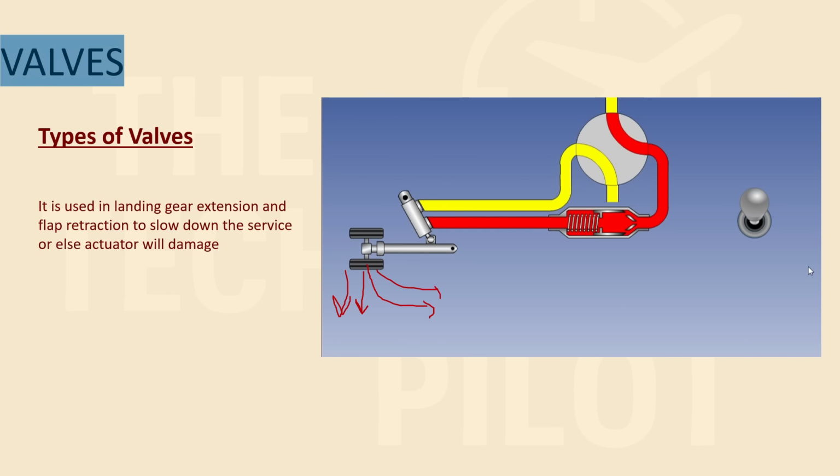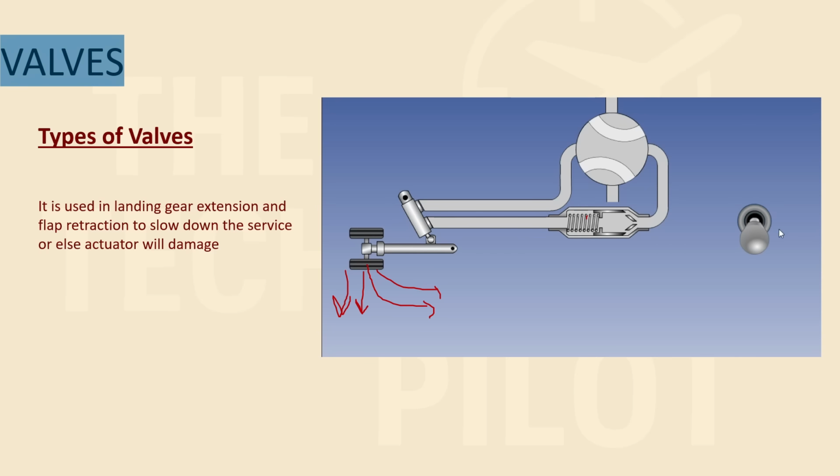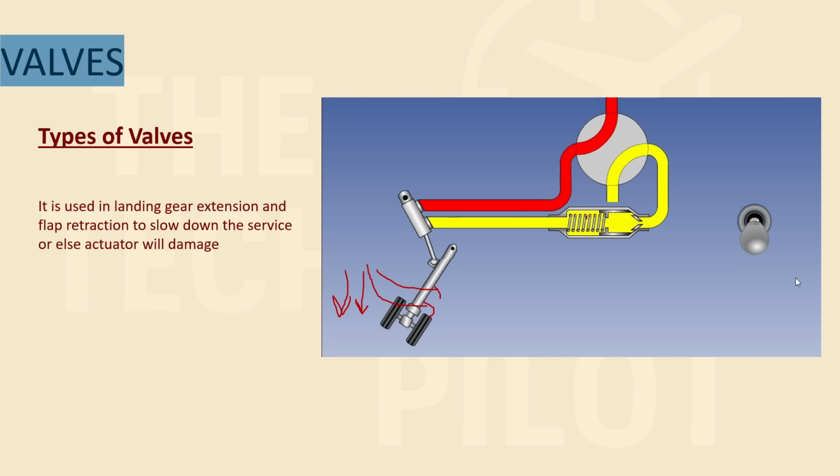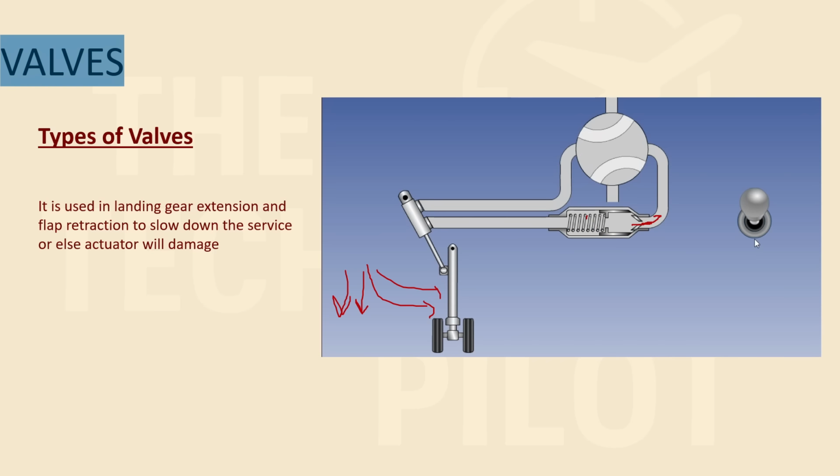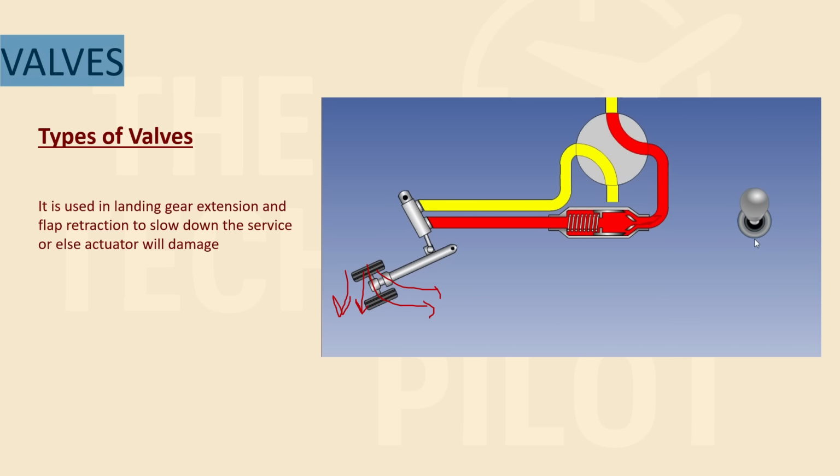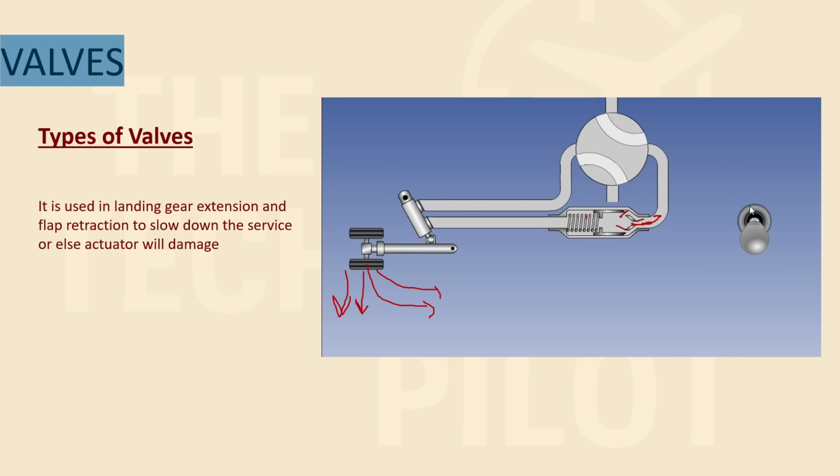You can see in this particular clip that the restrictor valve is restricting this flow that you're seeing here. And when the landing gear moves up, the flow is not restricted, so the fluid will move from here, here, and here. So for downwards movement, there is restriction. For upward movement, there is no restriction.